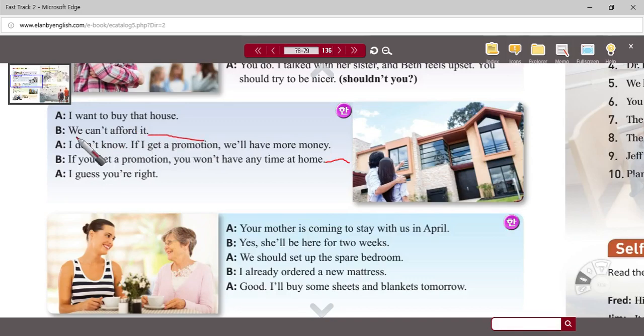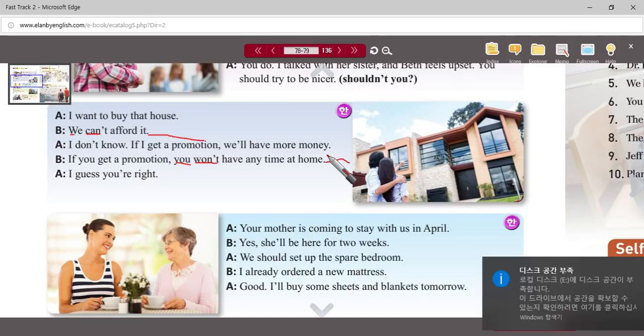We can't afford it. Can we? Okay. So again, the subject, the modal is negative, so we'll put the modal afterwards. We can't afford it. Can we? If you get a promotion, you won't have any time at home, will you? So again, this modal is negative, so we'd want a positive one.